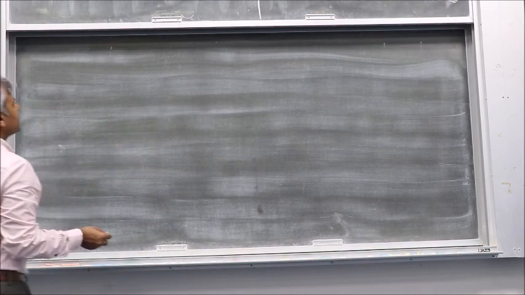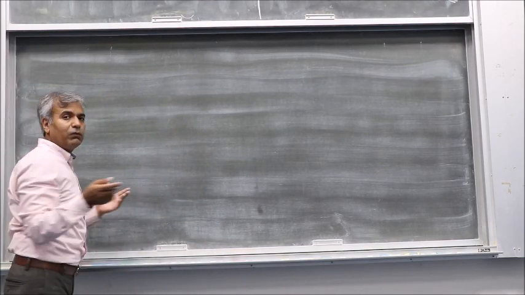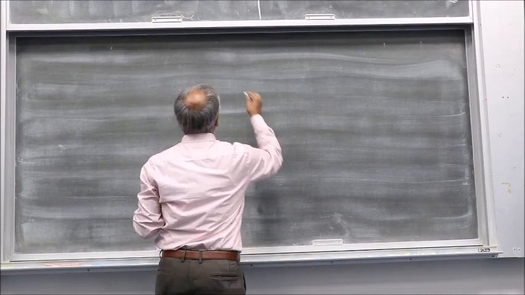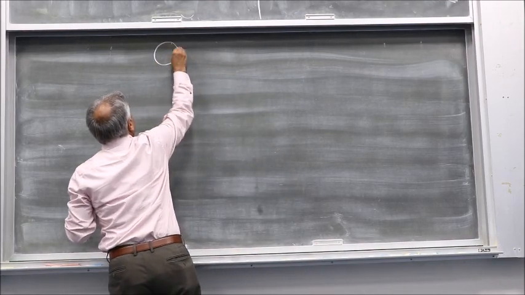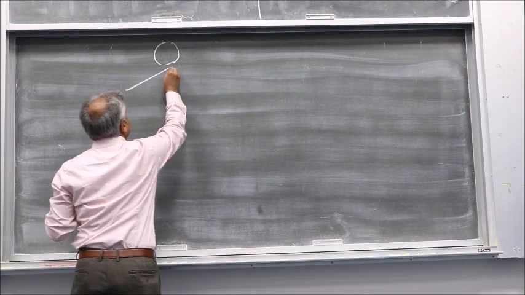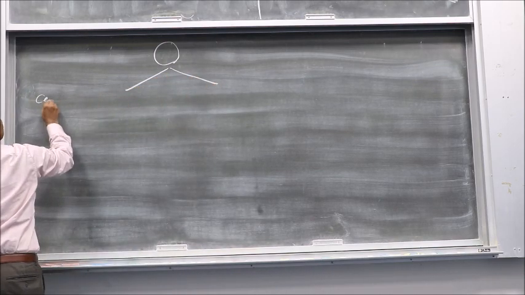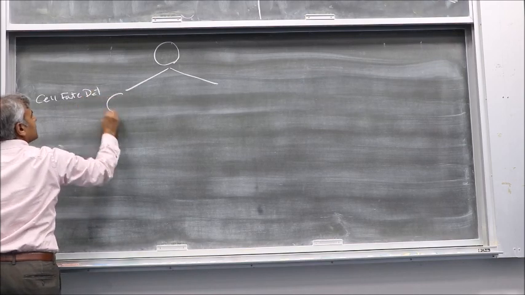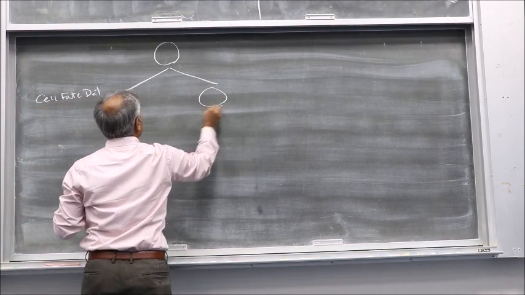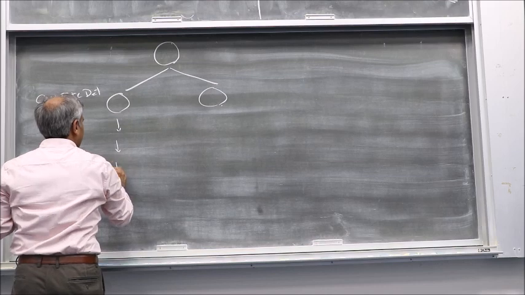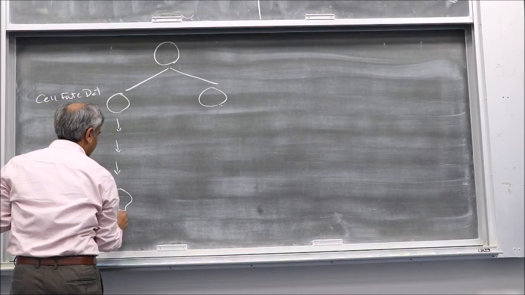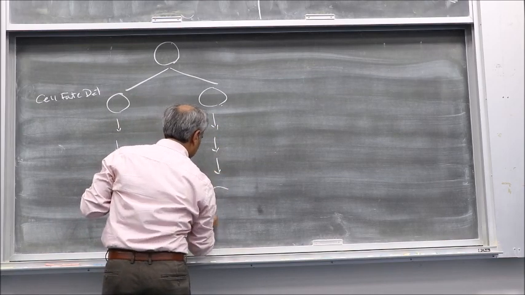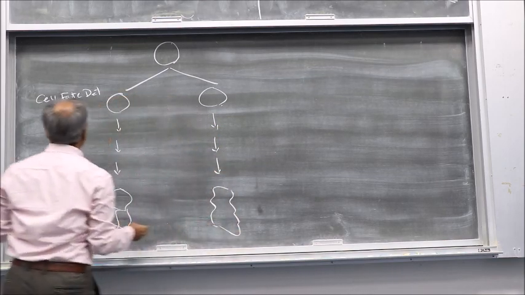Now, let's get back to where we started, epigenetic cell memory. Let's say here cell fate determination took place, and eventually after successive divisions you have differentiation of cells.